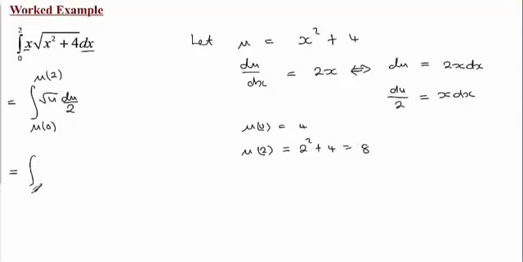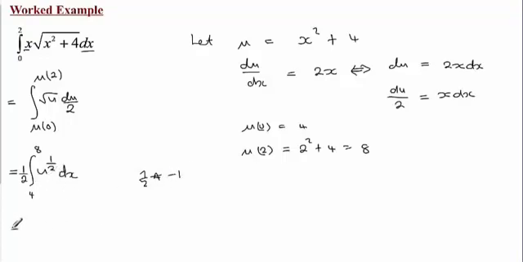So now we're integrating this new function from 4 to 8, with the half outside, you get half there, and here we've got u to the power half dx. So this half, like we can see, is not equal to minus 1.